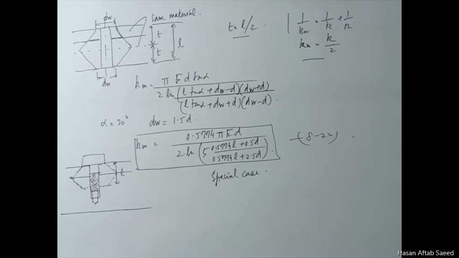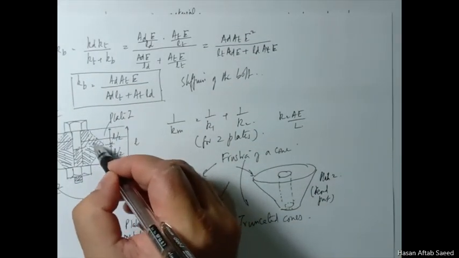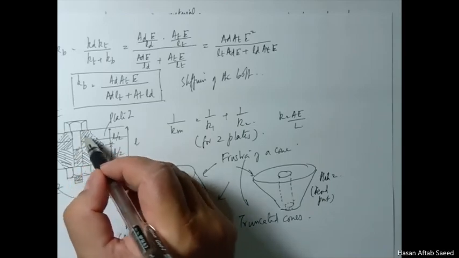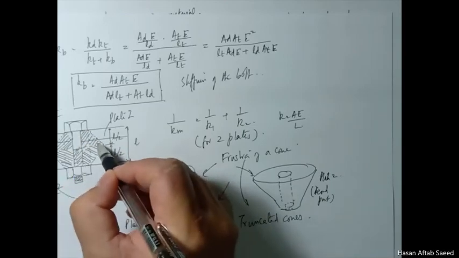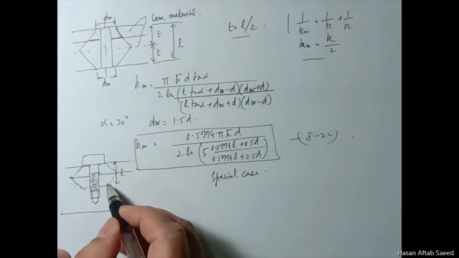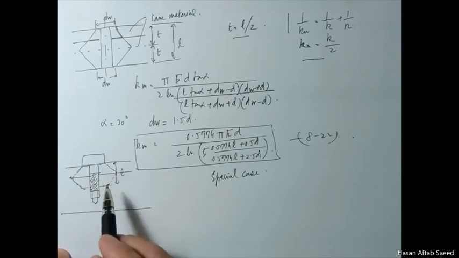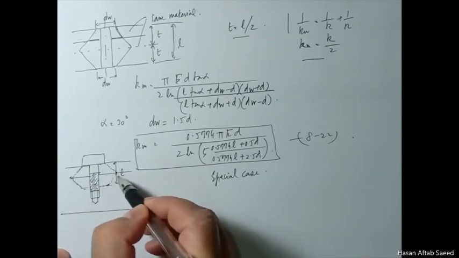Just like there was compression inside this grip length L, starting from 1.5d, ending at 1.5d and meeting at the center, the same thing happens here. It starts at 1.5d, this small d, ends at 1.5d, and meets at the center.